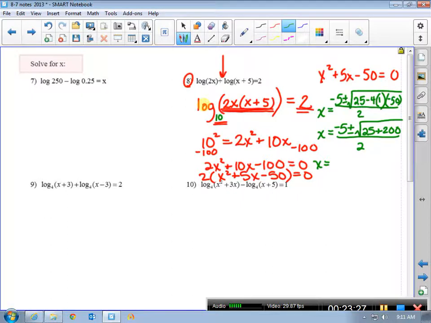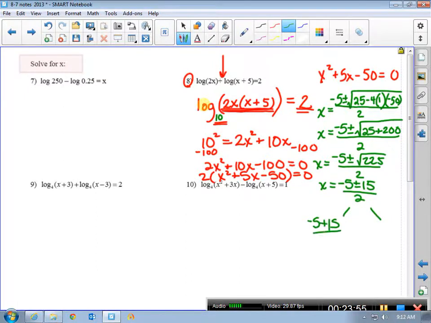So we have negative 5 plus and minus the square root of 225, all over 2. Square root of 225 is actually nice. It's 15 all over 2. Let's split it.